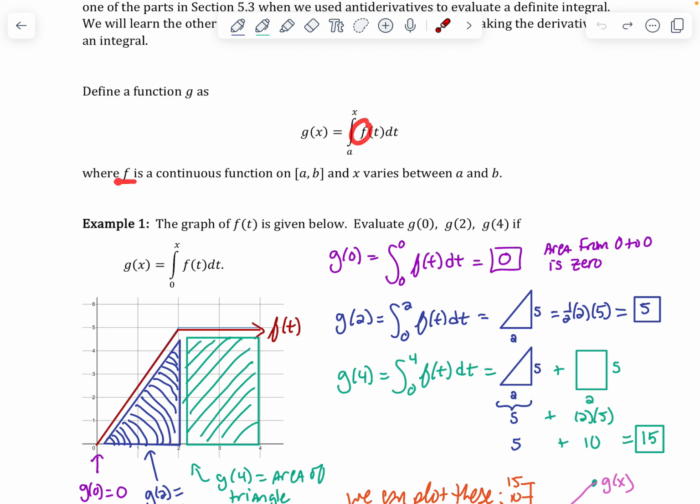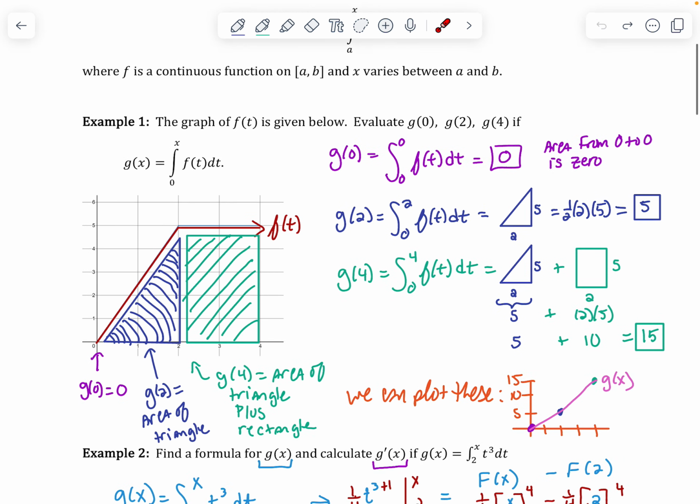It's important that f is continuous on the interval a to b, and we're assuming x is some point in between a and b, so we haven't covered the entire interval that we're integrating over.